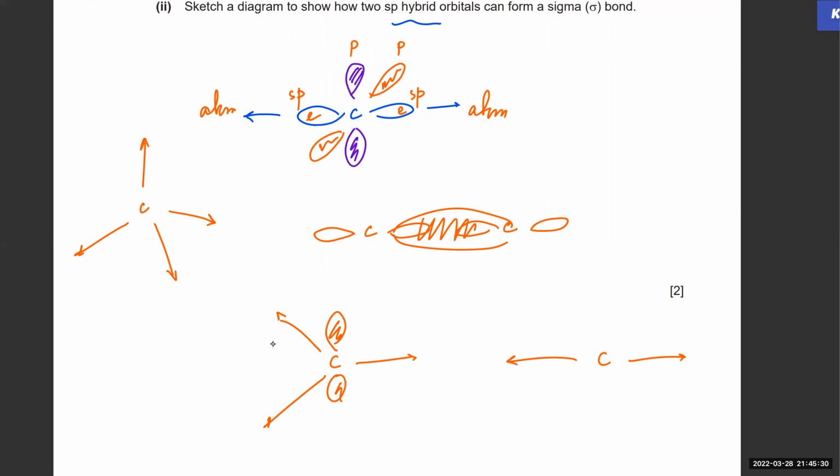So 2 of the electrons get pulled in 2 different directions, and the remaining orbitals remain unchanged and end up forming 2 pi bonds. So over here you have a triple bond. Over here you have 1 pi bond, which makes it a double bond. And over here you don't have any double bonds, only single bonds.